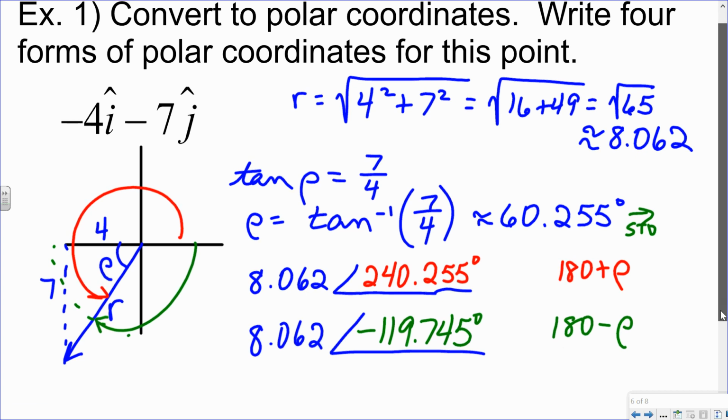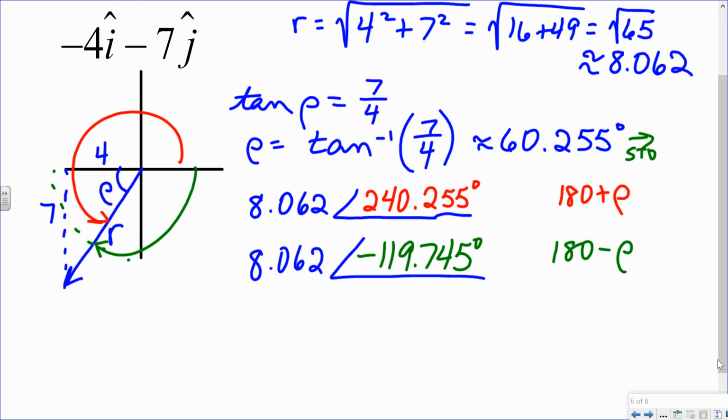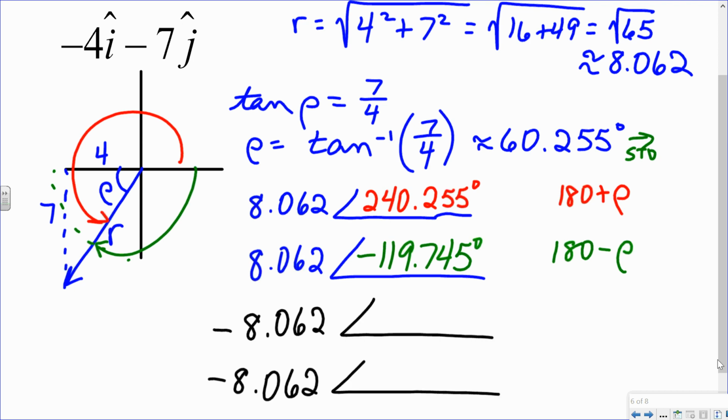Okay. The other two ways that I can write this are if I do a negative 8.062 out in front. Anybody remember what the negative out in front does to a vector? Ronald? It's 180 degrees opposite. So if I talk about this vector, but with a negative in front of it, that means this vector really flipped here.